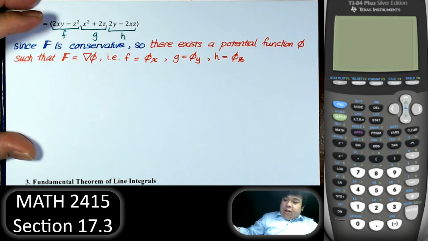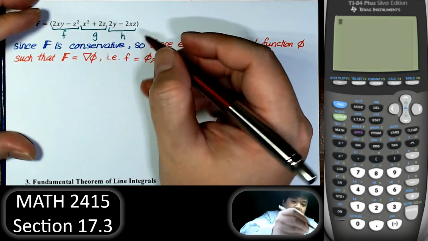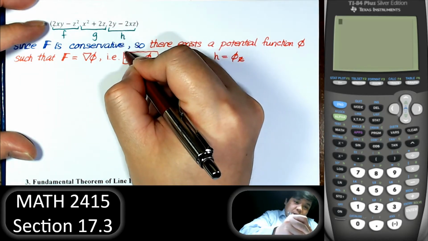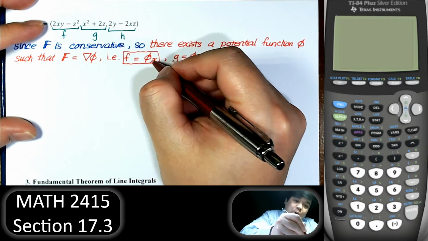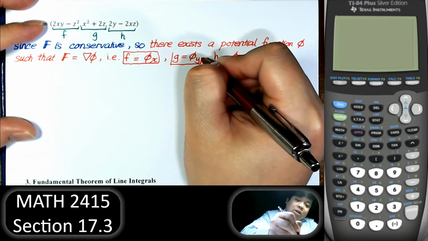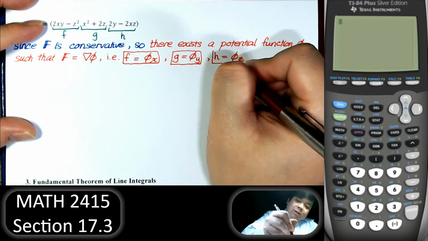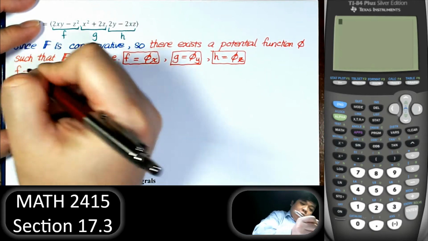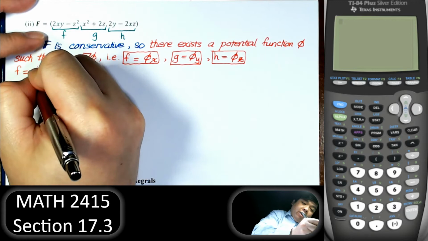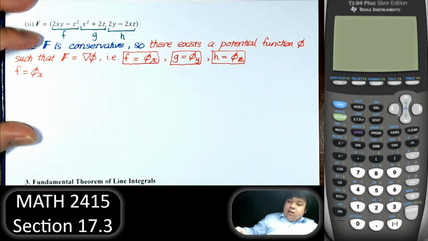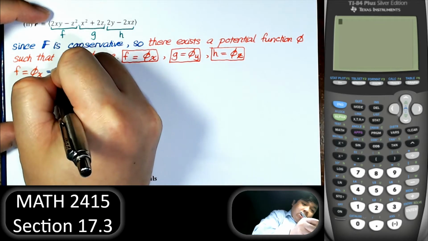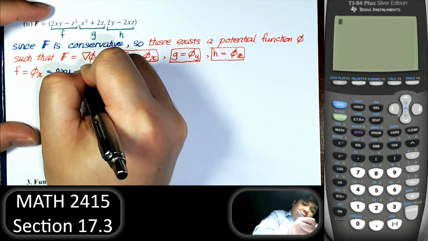And now just like the last one, we will take one and integrate to undo the partial derivative, and we just keep doing that. So first we start with this f equal to phi of x, and so that equal to f, so this equal to 2xy minus z squared.